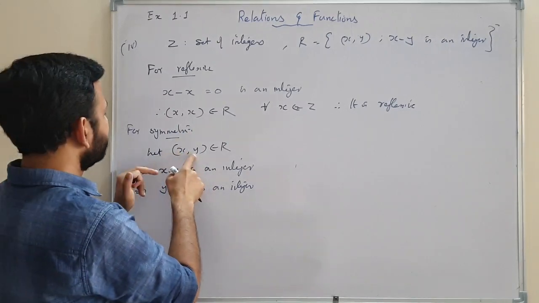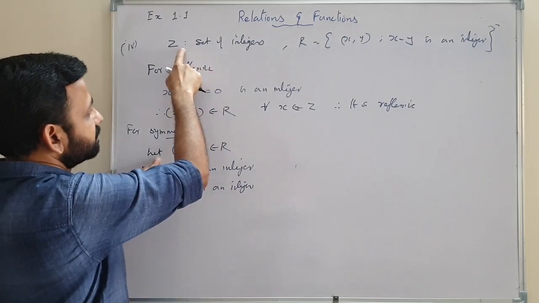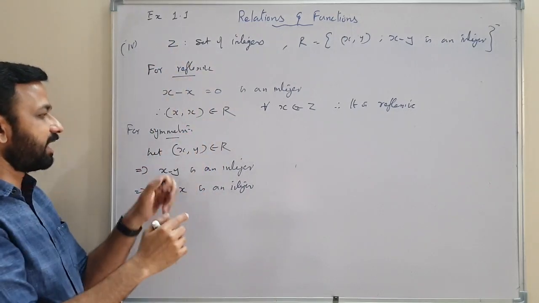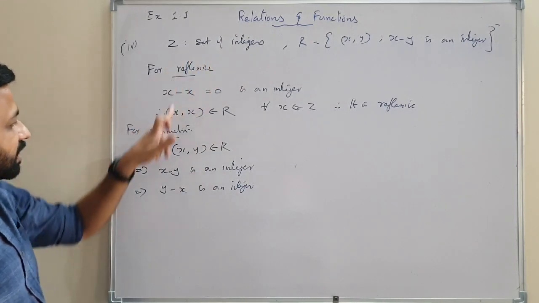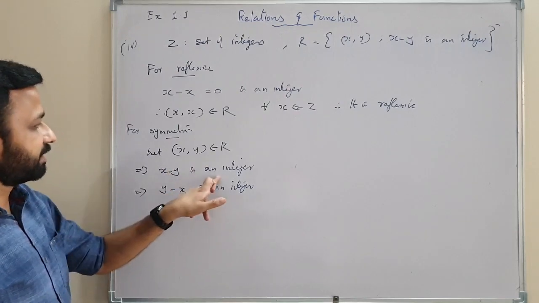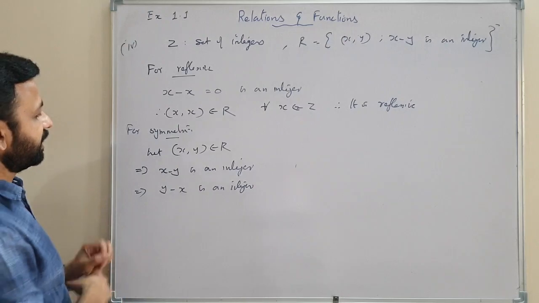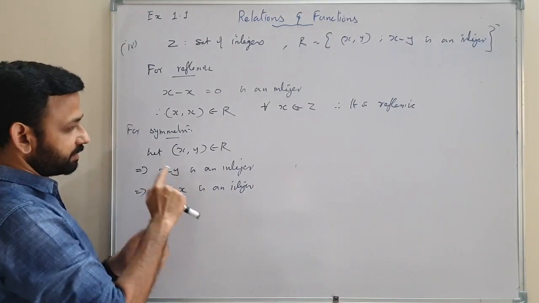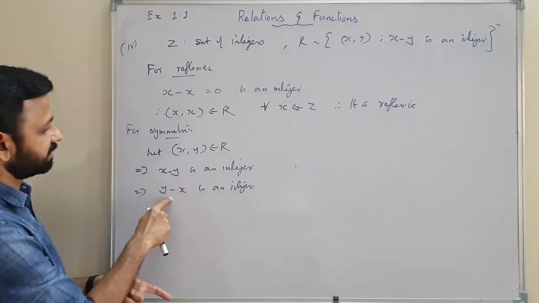Let (x, y) belong to R, where x and y are elements of Z, integers. So x minus y is an integer. Integer minus integer is another integer. Then 10 minus 2 is an integer, so 2 minus 10 is another integer.